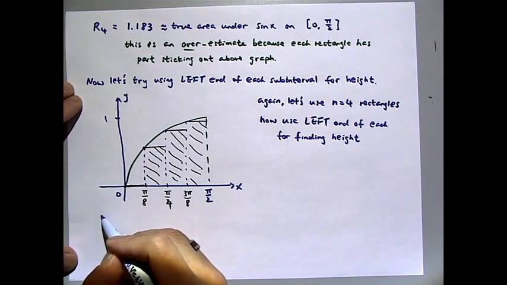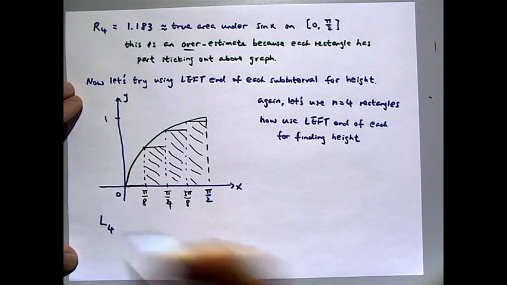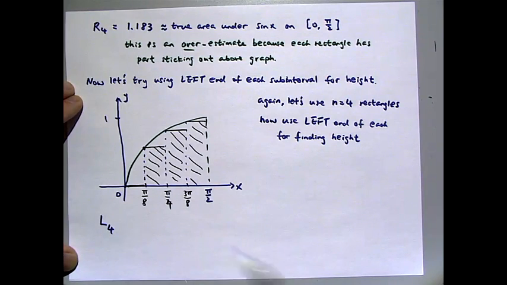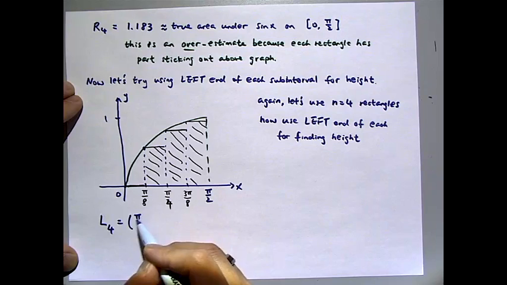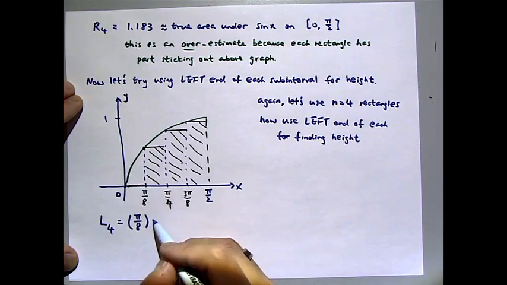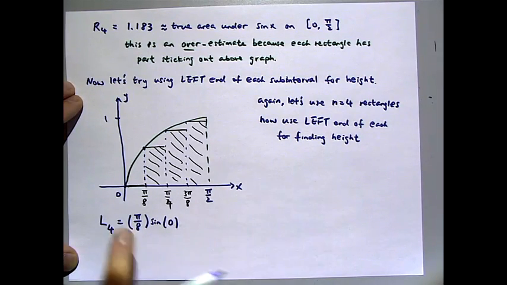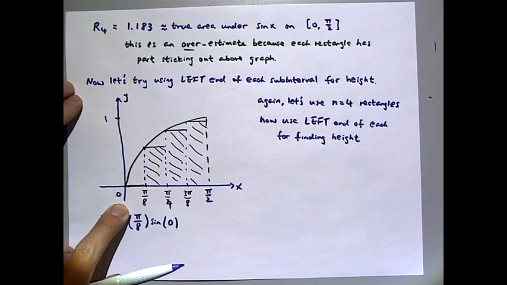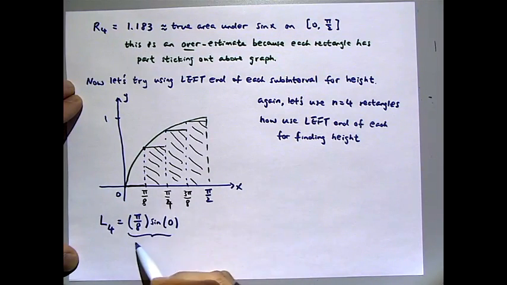Here we're using left endpoint, so we write an L. We're still using 4 subintervals. First rectangle has a width of pi over 8. It has a height of sine of 0. Left endpoint of the first subinterval is 0. Question there, guys?